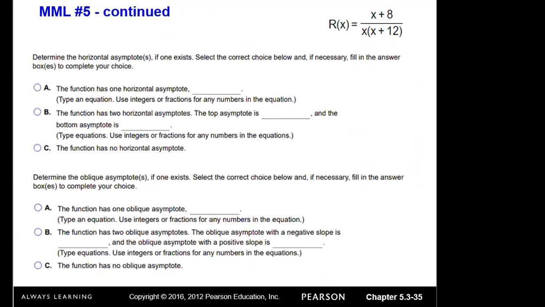Okay, next, determine the horizontal asymptotes. Okay, we did this the other day also, last Wednesday. This has to do with the degrees of the numerator and the denominator. The degree of my numerator is a 1.